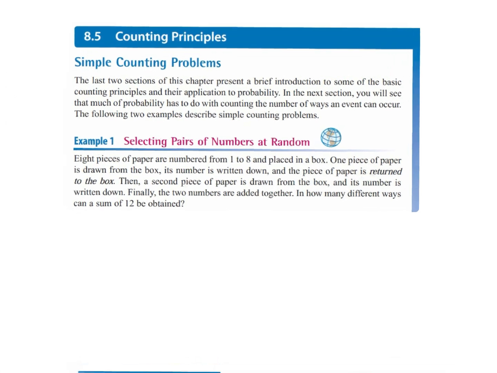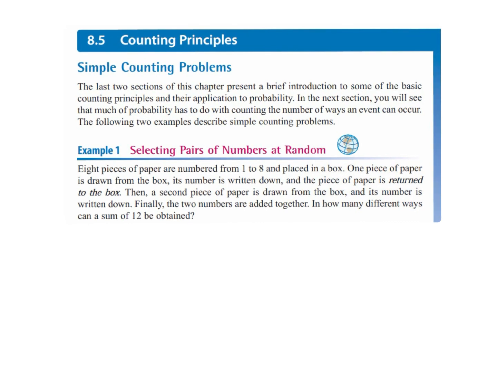So these first two questions, I just want you guys to think. I want you to look through these, we're going to talk through these. This is just kind of introducing the counting principles that you're going to be seeing. Probability is the likelihood of something happening.